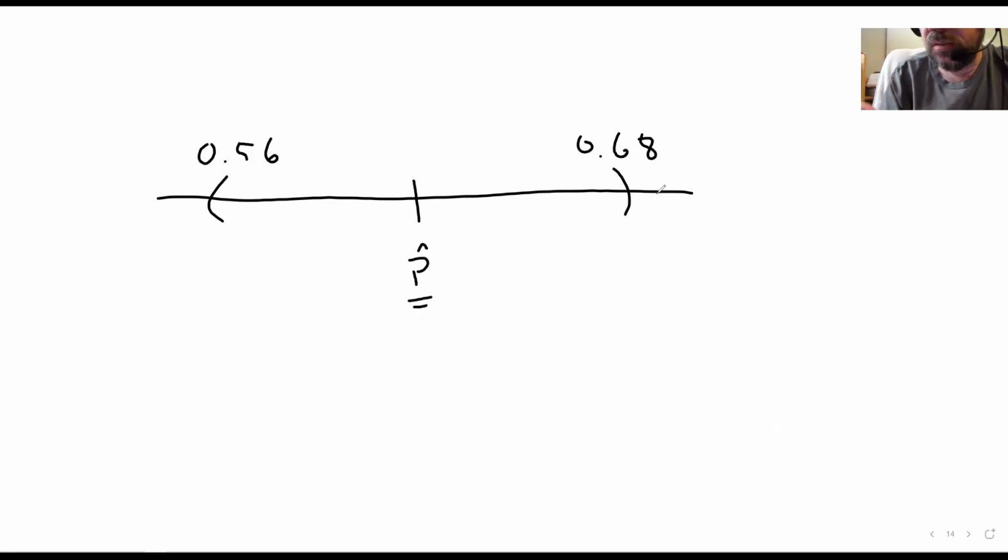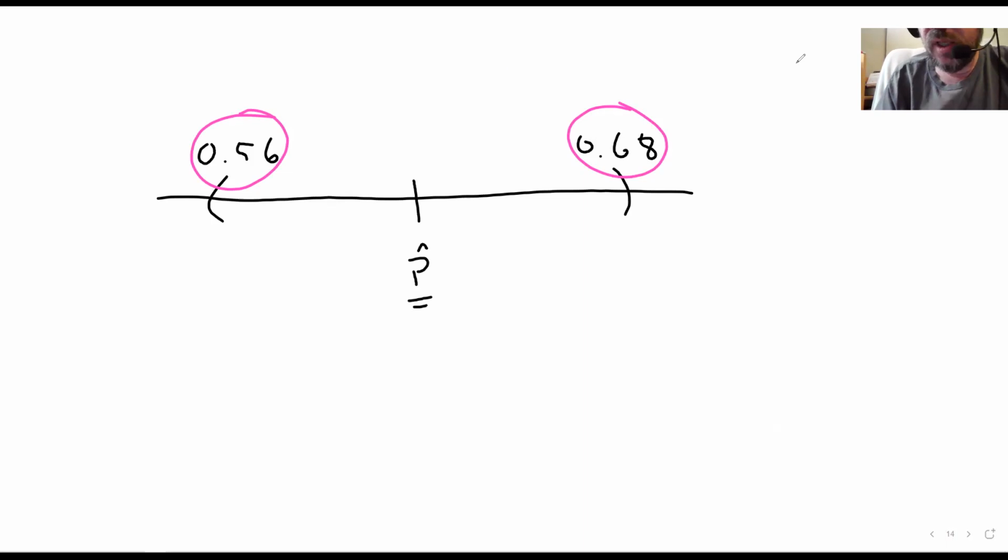Well, it's in the middle. There's a variety of ways you can do that, but the easiest one is to average them. So if I take the average of these two numbers, that's going to be in the middle of the two of them, which is p hat. So I would average them, 0.56 plus 0.68 divided by 2.